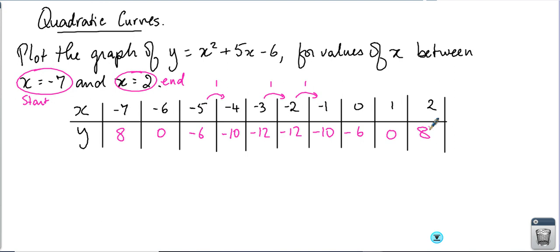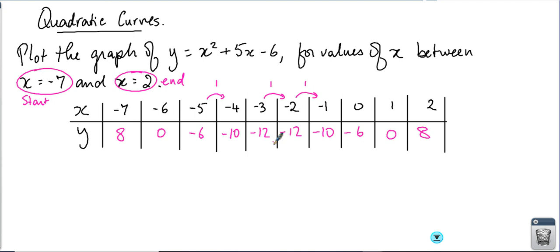As you can see in our table we have symmetry: 8 and 8, 0 and 0, minus 6 and minus 6, minus 10 and minus 10, minus 12 and minus 12. Each curve should have a minimum or a maximum value, so we should have a value between minus 12 and minus 12, which gives us a minimum.